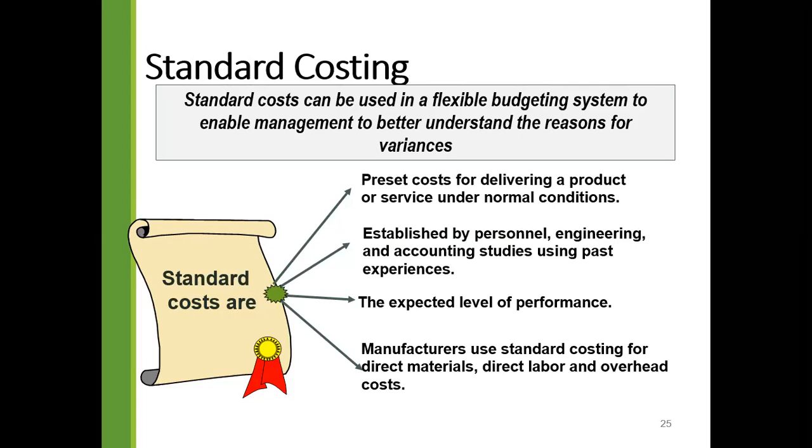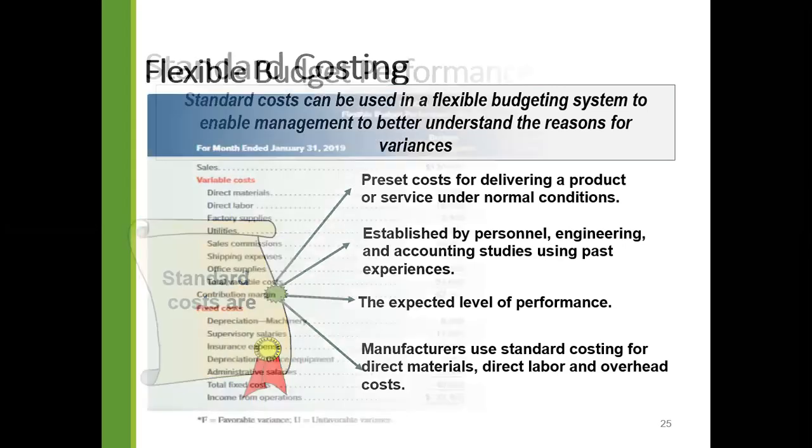Standard costs are those preset costs for delivering a product or service under normal conditions. So we calculate a standard cost of direct materials per unit, a standard cost of direct labor per unit, a standard cost of overhead per unit, right? So we develop those standard costs. That's what we use to prepare our budgets, right?